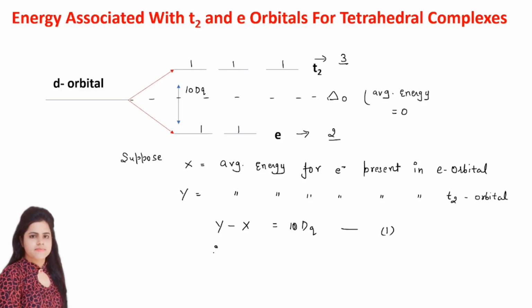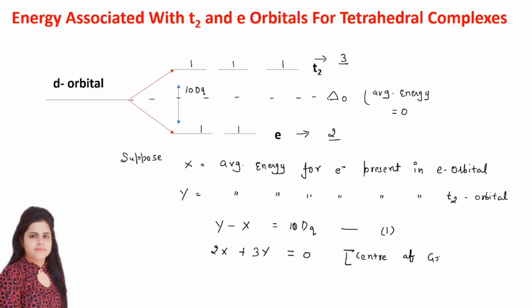So I can write 2x for E, where 2 means 2 degenerate orbitals and x is the average energy for E orbital, plus 3y, 3 degenerate orbitals with y for T2, and that is equal to 0 according to the center of gravity rule.